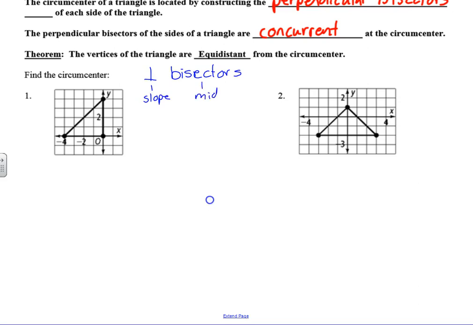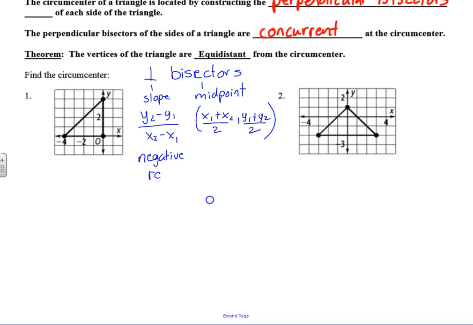Bisectors, you want to think midpoint. So y2 minus y1 over x2 minus x1, and x1 plus x2 divided by 2, comma, y1 plus y2 divided by 2. And we're thinking with the slopes that we want negative reciprocals.